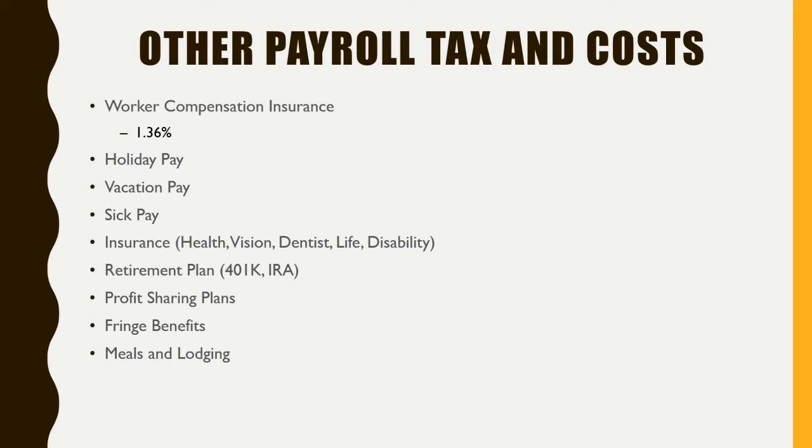So if the job is an intense job, then the percentage of workers' compensation is going to be higher. But in this case, we're looking at a very small business shop that doesn't really require that much labor, so injuries are less likely to occur. So 1.36% is pretty much okay for a small business.